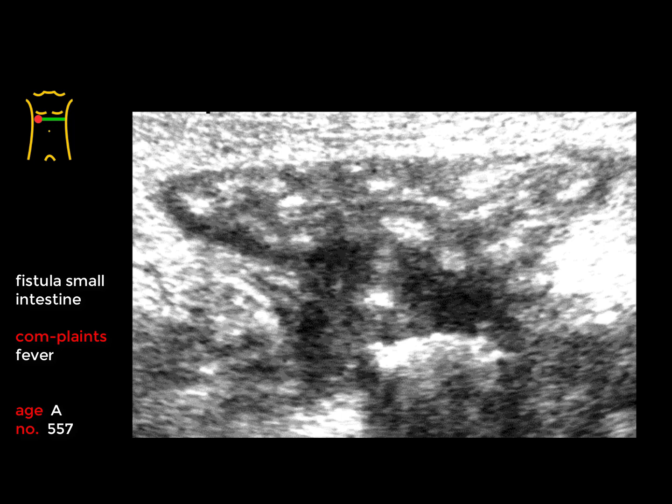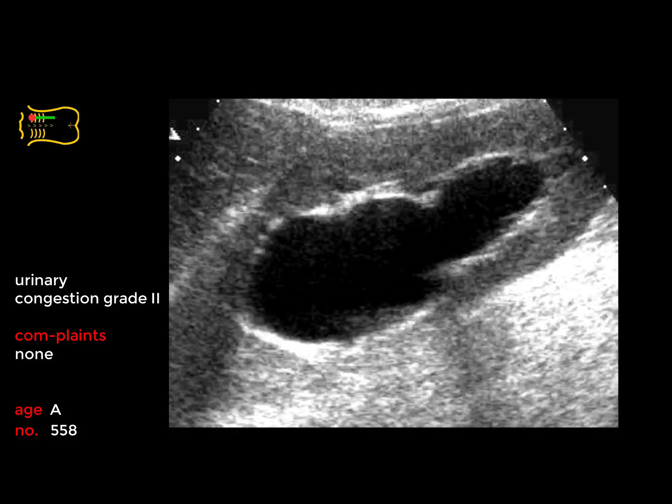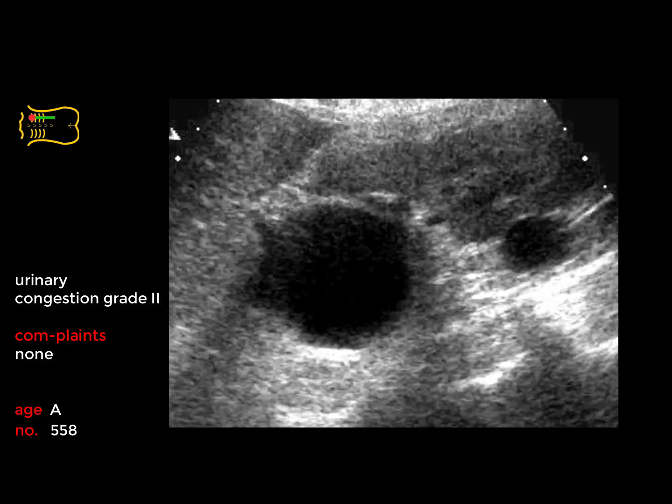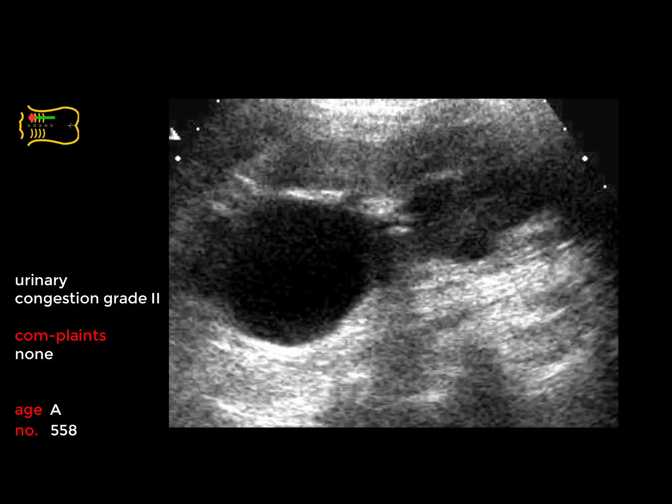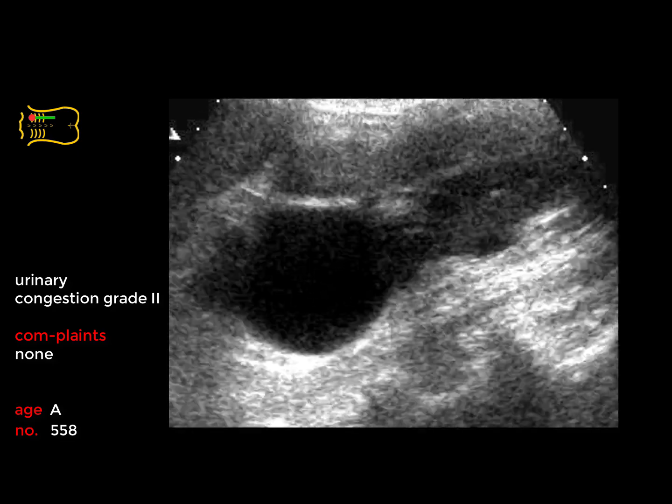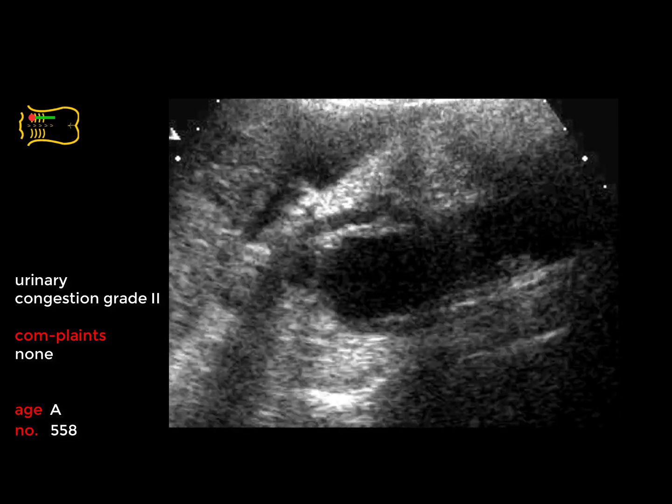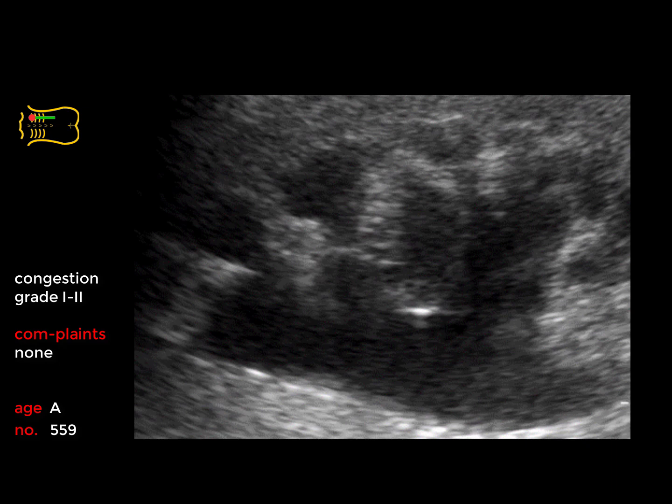And in case 557, a classical fistulization between small intestinal loops is seen. In 558, it is the urinary tube distended, leading to a grade 2 congestion of these ducts due to a metastatic ureter occlusion.